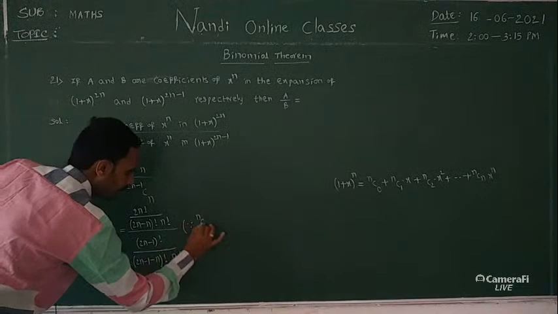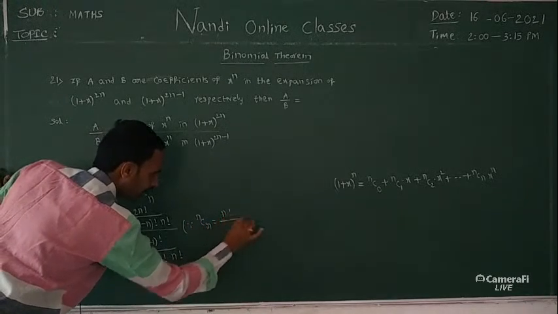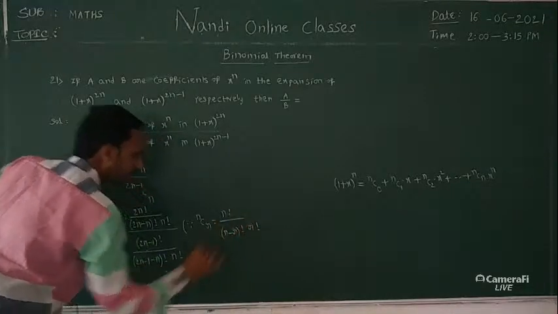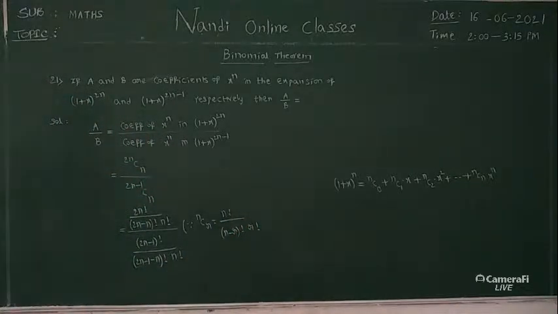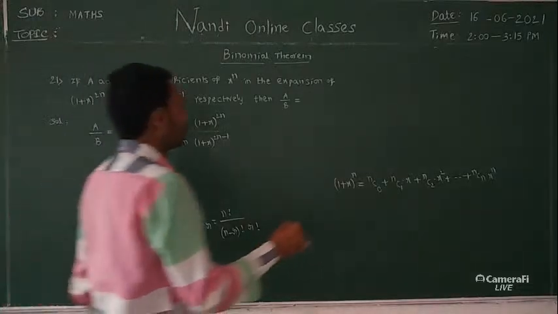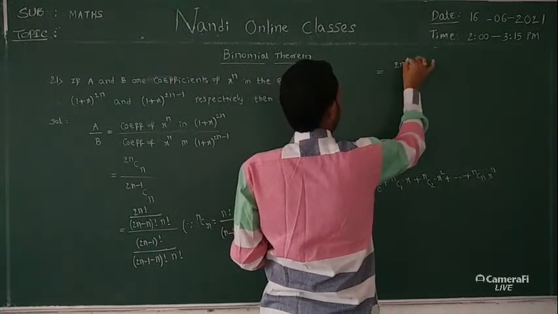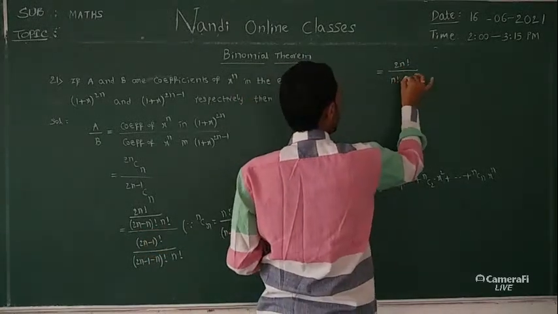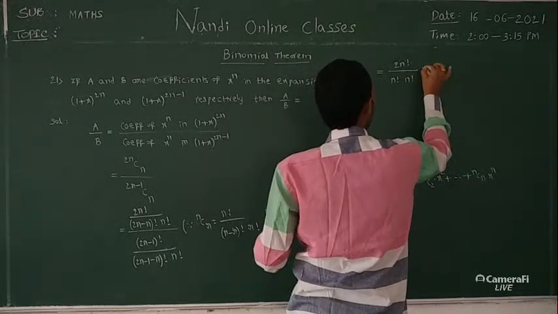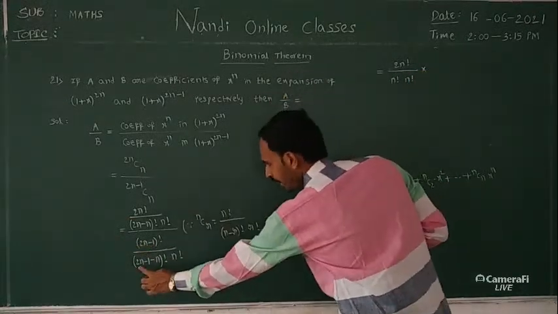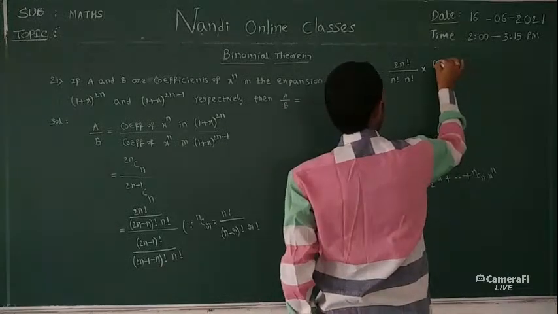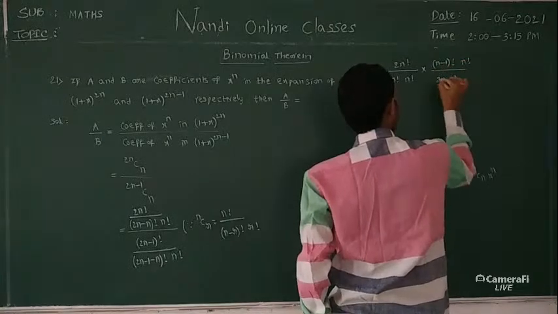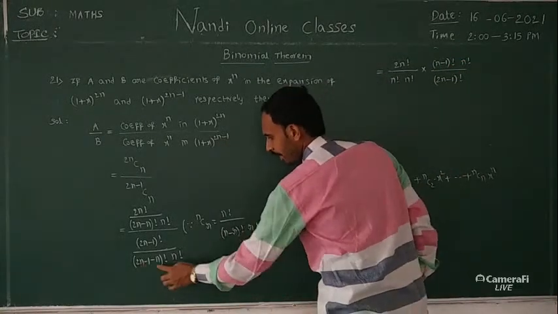Sending the denominator to the numerator, it is 2n factorial by n factorial into n factorial, into (2n minus n minus 1) factorial into n factorial by (2n minus 1) factorial. 2n minus n is n.